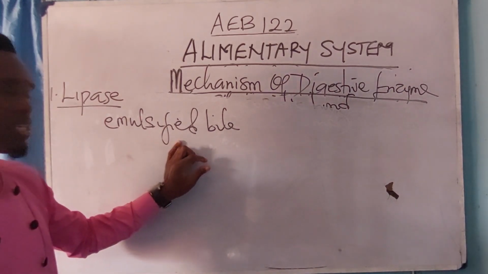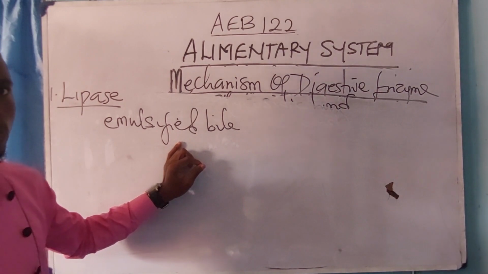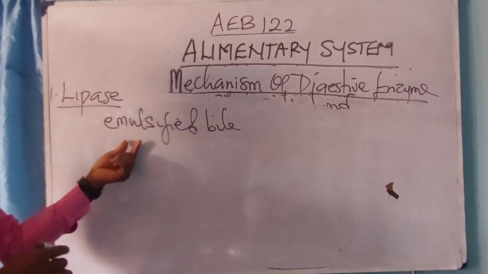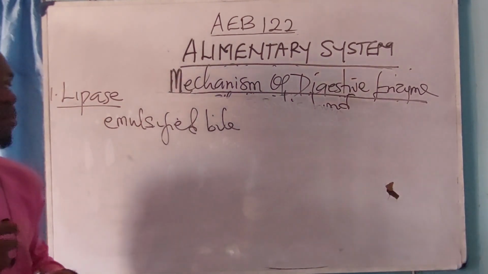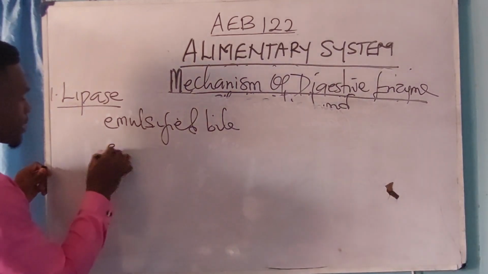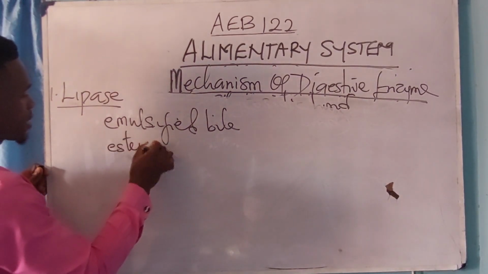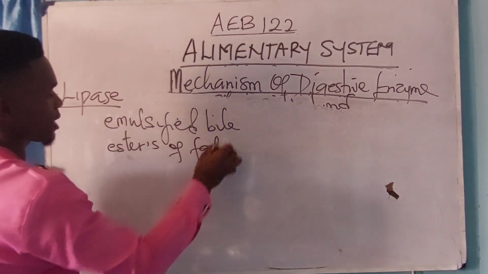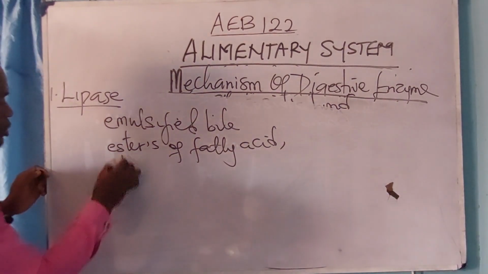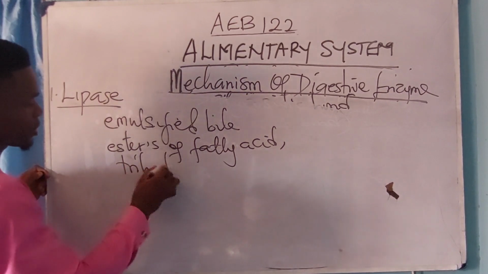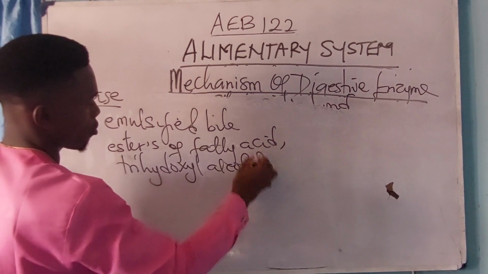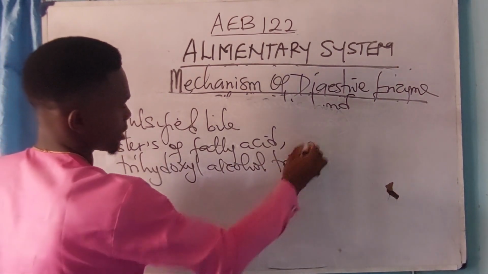You know that fat is not water soluble. It cannot dissolve in water. Now, most fats that animals utilize are from esters of fatty acid and a higher glycerol, such as a trihydroxy alcohol, triglyceride.